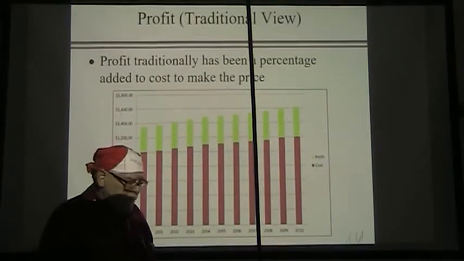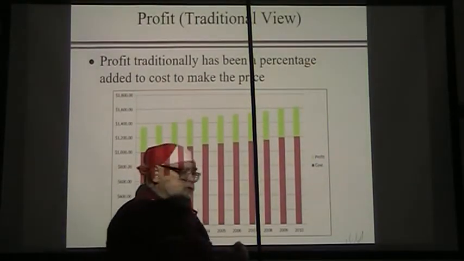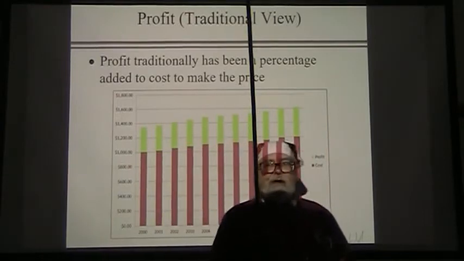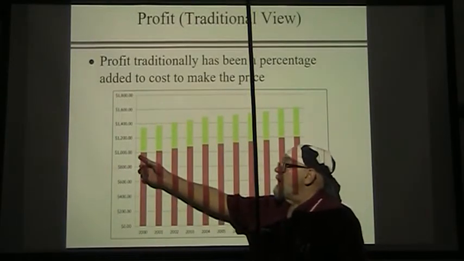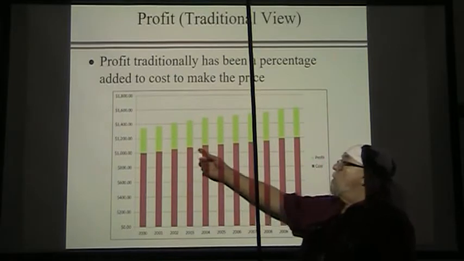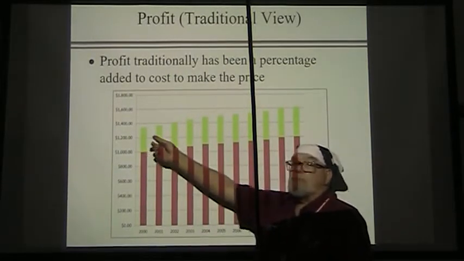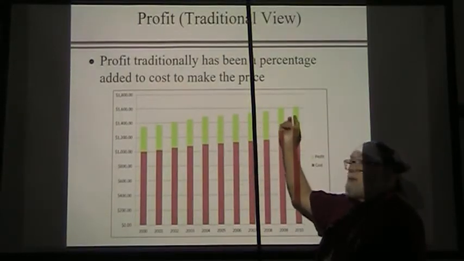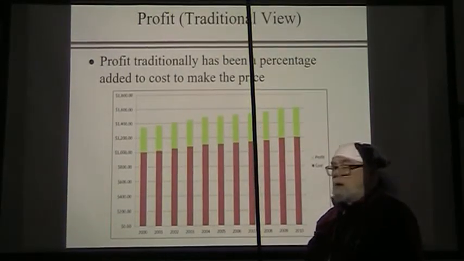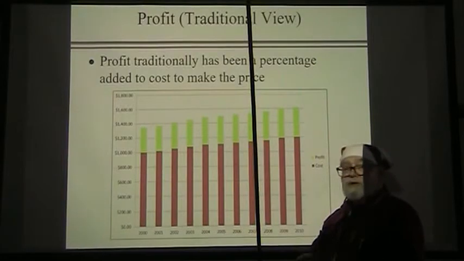All right, so the traditional view of profit is that our cost is going to keep rising and we're going to tack on profit on the top of that. So that's kind of the traditional view.